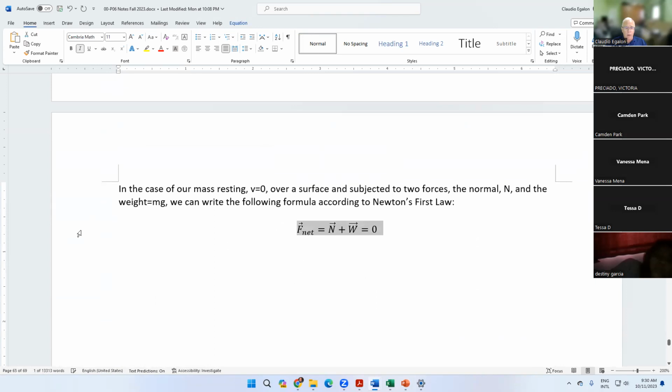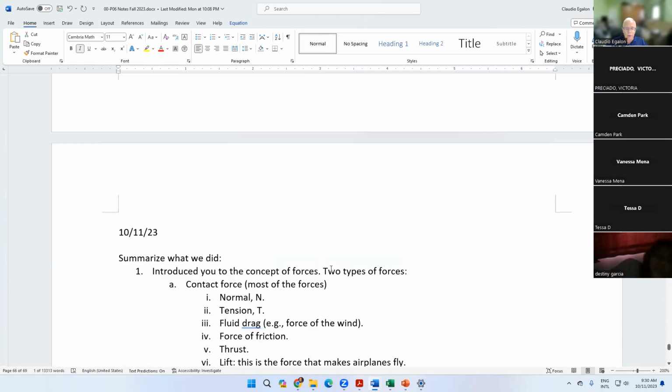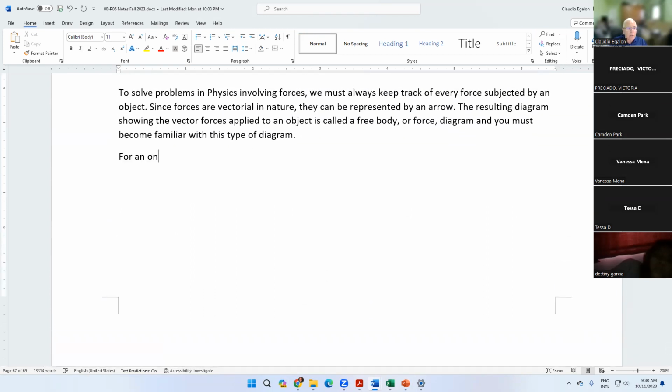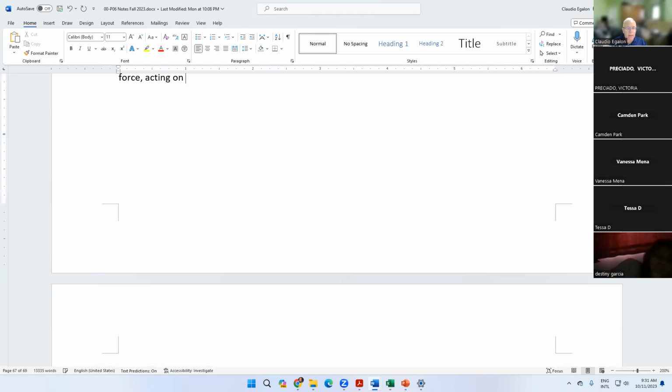For an object at rest over a surface, we have the following vectorial equation for the forces acting, and the net force acting on the object.